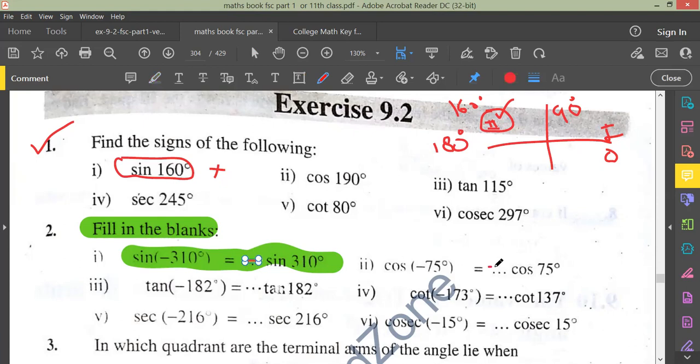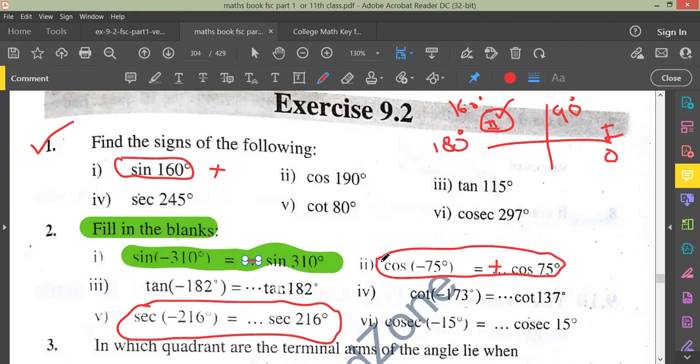Remember one thing: in cos and its inverse secant, the minus vanishes and the value will be positive, while in other trigonometric ratios, the sign appears in the final answer.